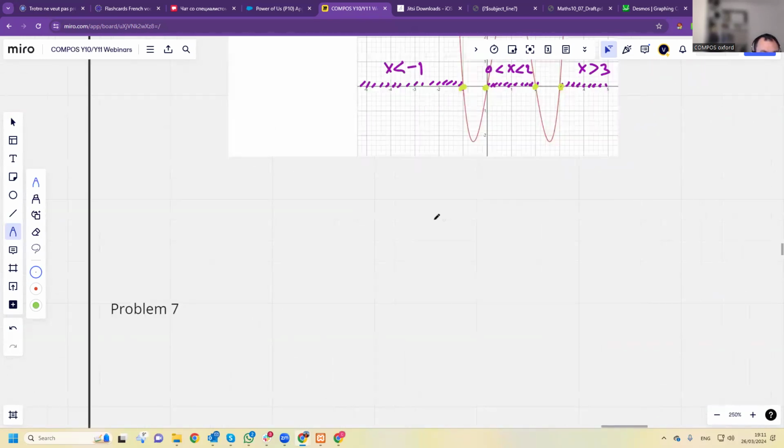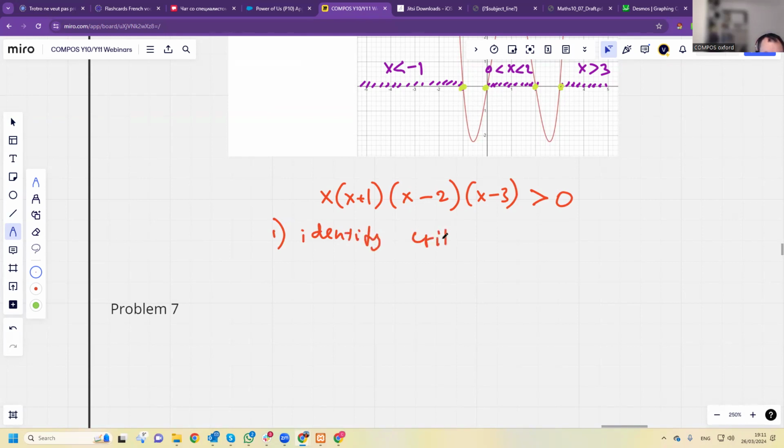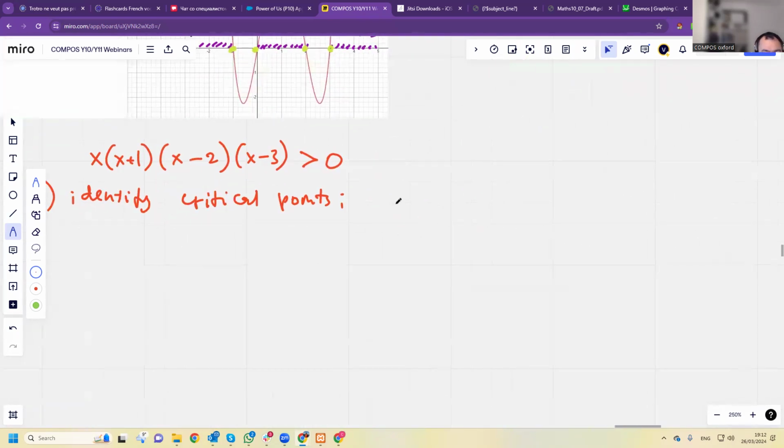So if I give you this problem, x plus 1, x minus 2, and x minus 3 is greater than 0, what you can do is say, first, identify critical points, and put them on a straight line.